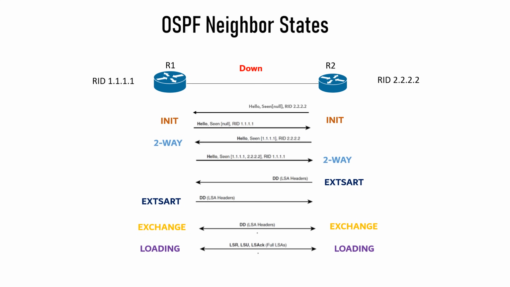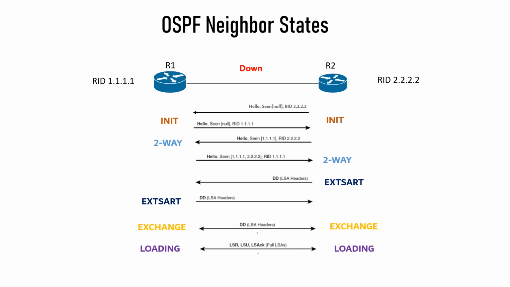In the loading state, if there are some missing LSAs, the router will request that missing information using a link state request packet, or LSR. The neighboring router will respond with an LSU, that is a link state update packet.